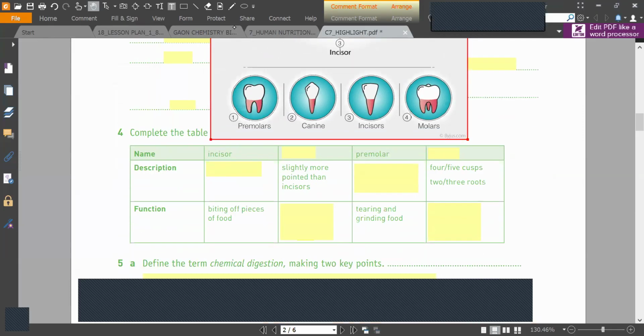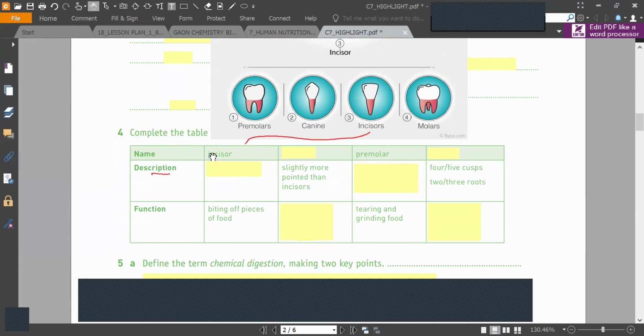First one, incisors. What's the description for the incisors? Chisel shape. The shape is like a chisel, so it's quite sharp. Function, biting off pieces of food.